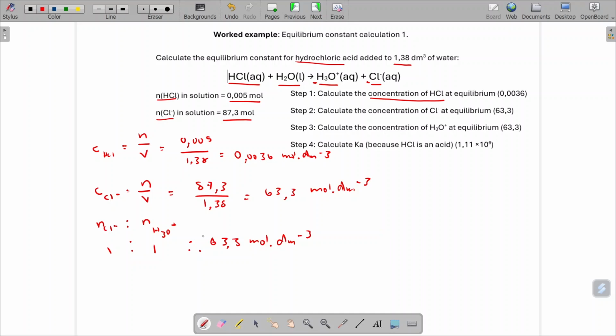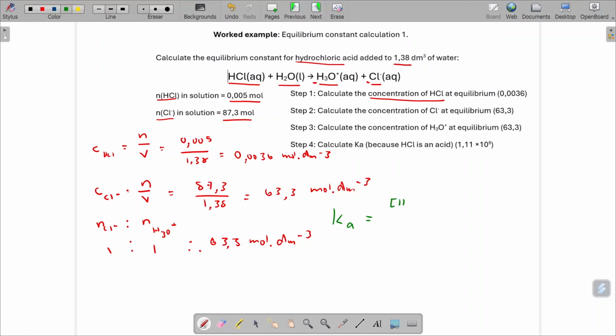Right, so now let's calculate our Ka, and to do that, we need to write an expression for the equilibrium constant of the acid. So Ka is going to be the concentration of the products divided by the concentration of the reactants.